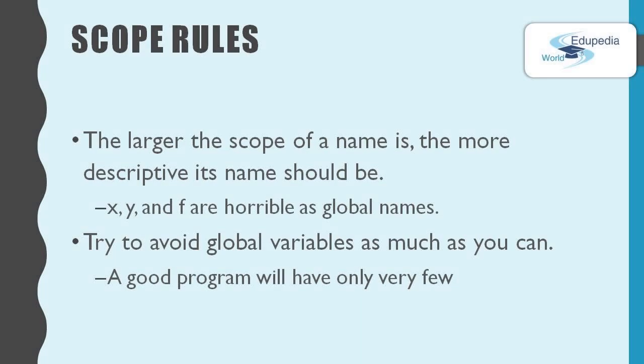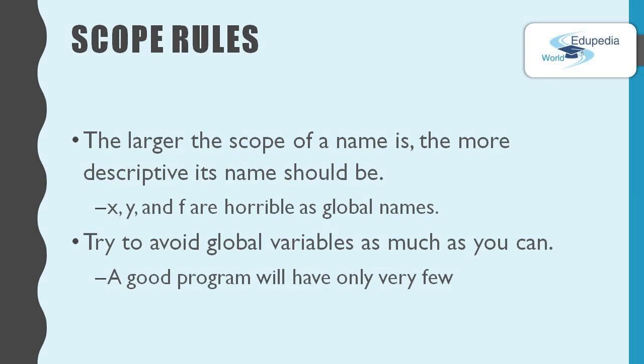Now I'm going to talk about a few scope rules regarding variables. The larger the scope of a name is, the longer and more descriptive its name should be. For example, the variables x, y, and i are horrible as global names. The main reason that you don't want global variables in your programs is that it is hard to know which functions modify them.